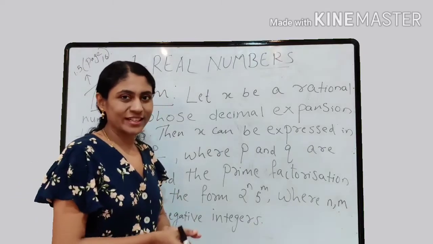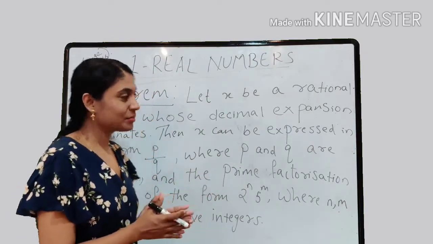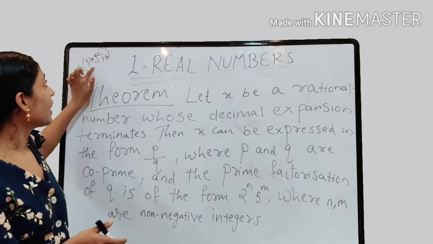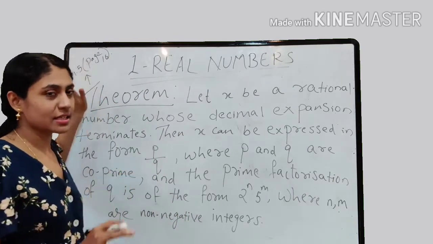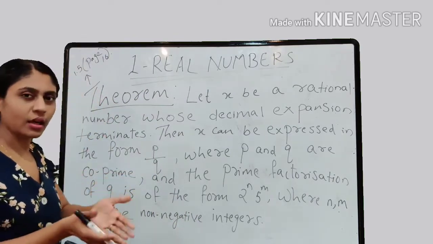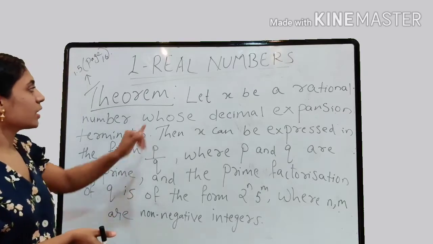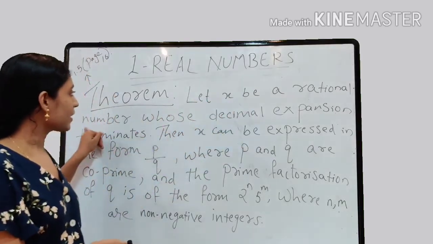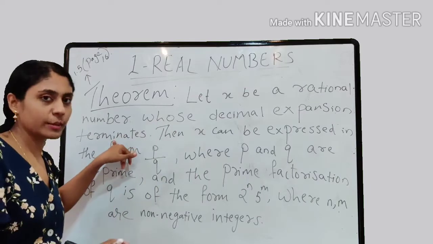So now friends, we can go to the next theorem, that is theorem 1.5, page number 16 in our textbook. So what the theorem says, the thing we just told right now, right? Let x be a rational number whose decimal expansion terminates.